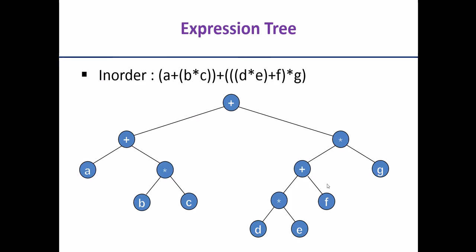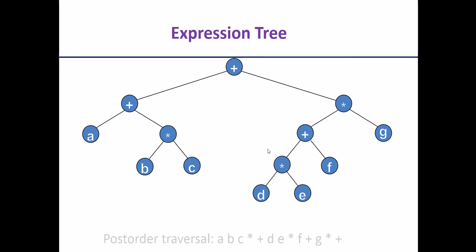Once we have this tree, it is very easy to convert it into postfix form just by traversing it in post order. So this is the post order, the postfix form. The postfix form is very easy to obtain if we have an expression tree, just through postfix traversal.